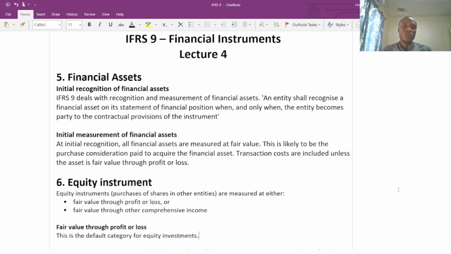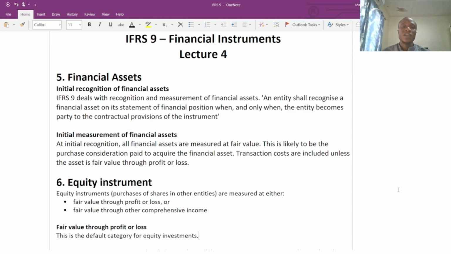If you are looking at the definition of financial instrument, there should be a contract, and the contract should contain a financial asset as well as a financial liability, period. So if we are talking about the financial asset portion, the entity should only recognize the financial asset when the entity becomes party to the contractual provision of that particular instrument according to IFRS 9.